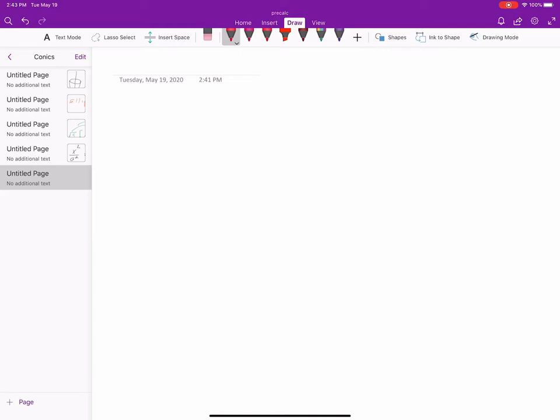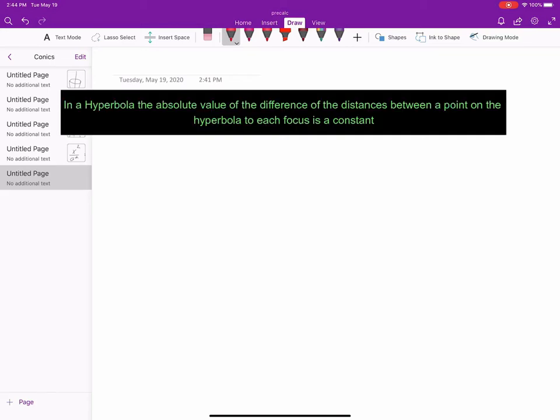Then we investigated what happens with a point on a hyperbola and the distances to the foci points. Remember that with an ellipse, the sum was equal to 2a. With a hyperbola, we tried the sum, and it didn't work. A minus did work, so we did get a constant there. We just don't know, maybe that's 2a. I'll take a look at it, right?